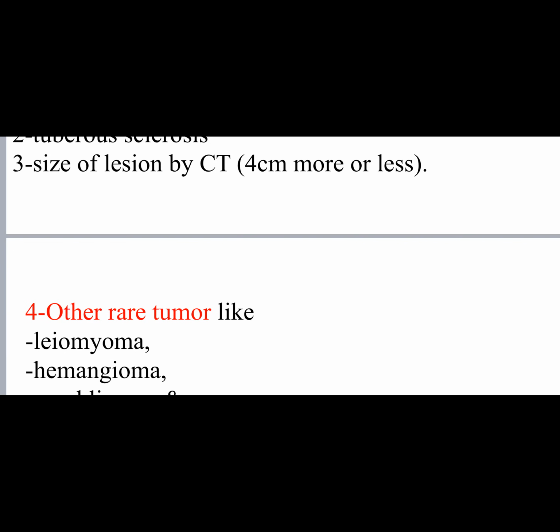In this case, it is considered life-threatening, an emergency condition. The criteria: a patient with a renal mass, a pregnant lady, sudden onset of hematuria or retroperitoneal hematoma, sometimes with shock. So it is considered Wunderlich syndrome, and the patient needs urgent nephrectomy.